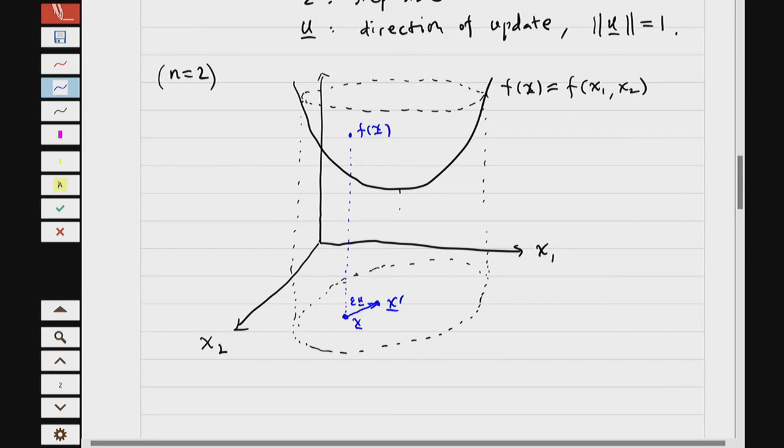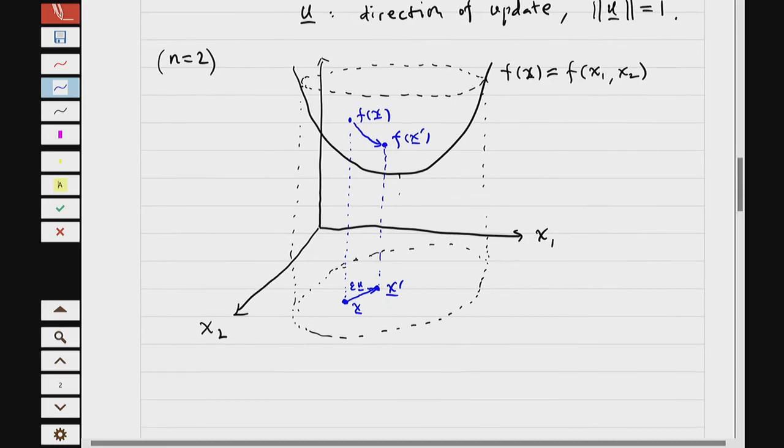And then the value of this point is maybe right here, f of x prime. So you're jumping from x to x prime as the input, and in terms of output, you go from f of x to f of x prime.